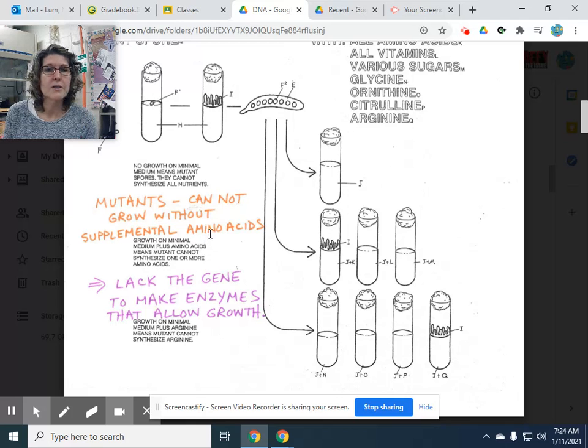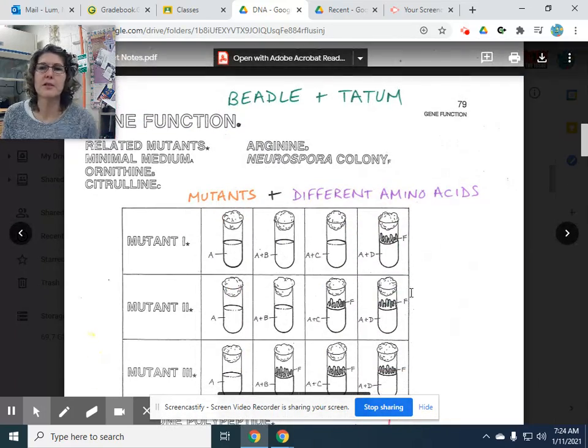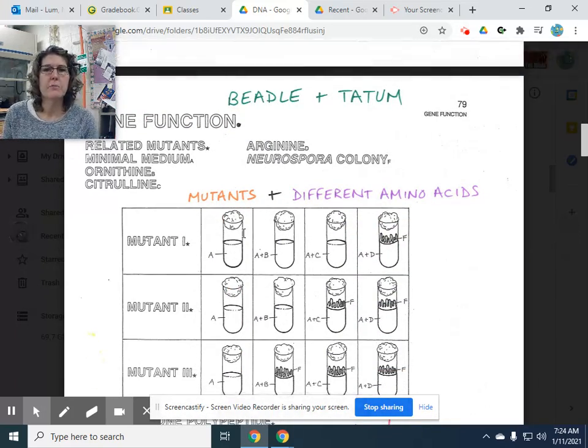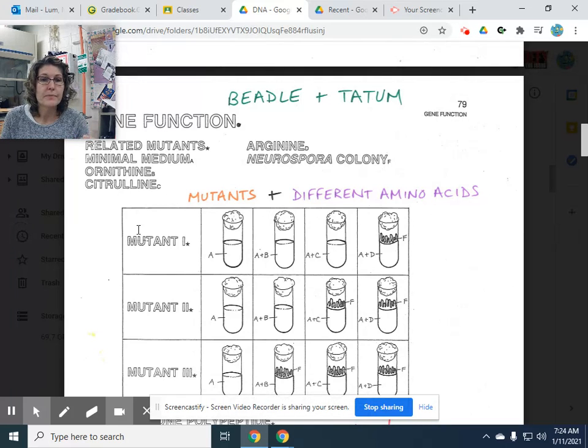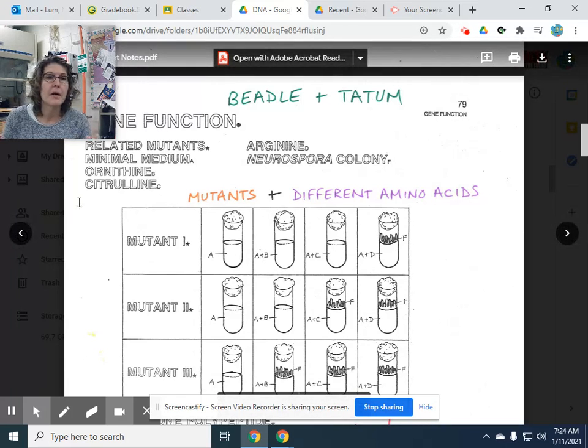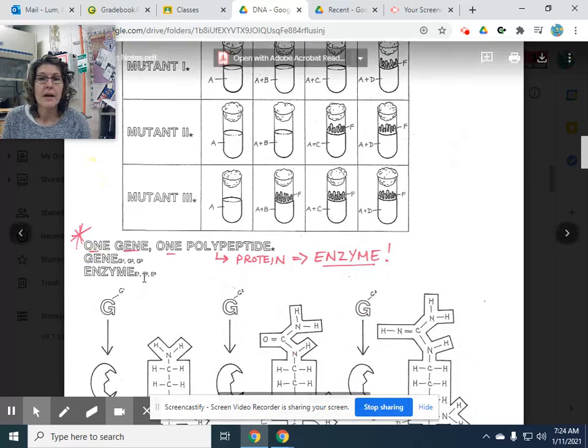But they were also grown without particular amino acids. So if we continue a little bit, here's some of the things that they have. Here were different mutants that they created, and these are different amino acids that they were putting in. So we were looking at arginine was one of the big ones that they were doing here. So we have our medium, we have some other little things that they were putting in, supplemental organic salts, maybe some carbohydrates that allow them to grow, and they were putting all of these in here.